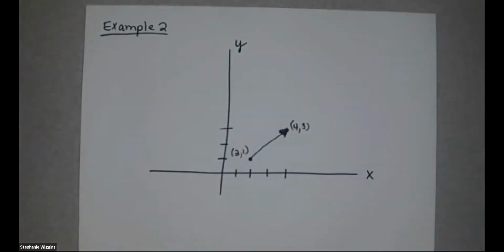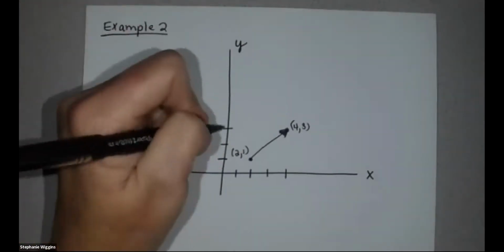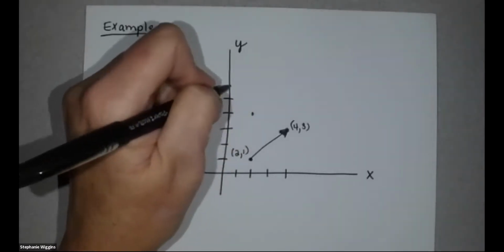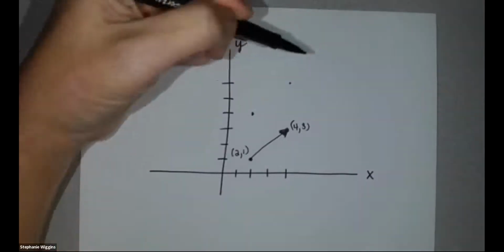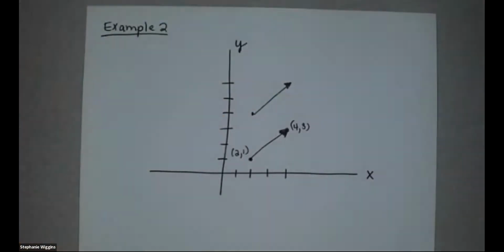Okay. And then another vector at (2, 4) and (4, 6). Okay.